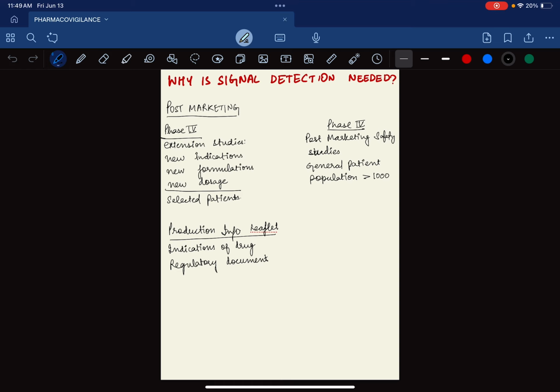Third, it helps to detect drug food or drug alcohol interactions which are not into the limelight during the clinical trials. The other part is it helps in recognizing medication errors or product issues. Then it also helps in identifying the new populations that are at risk. It also helps in detecting new beneficial effects as well. So that is why signal detection is really an important part.